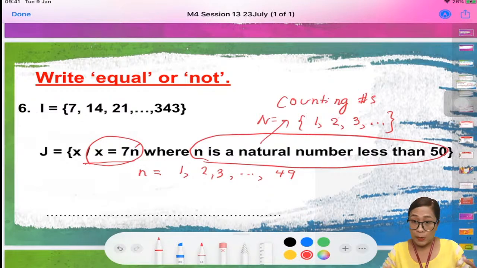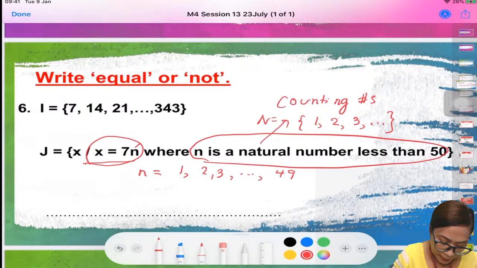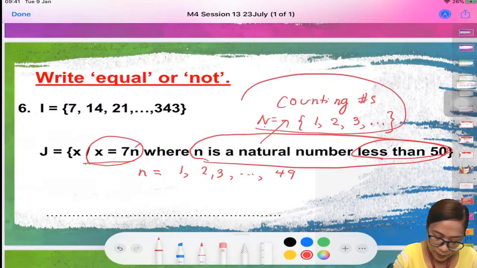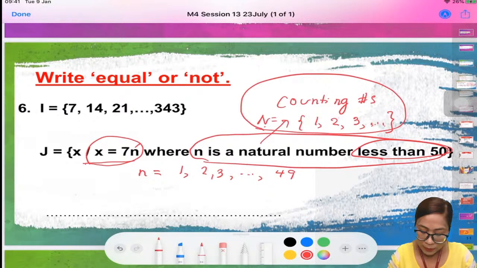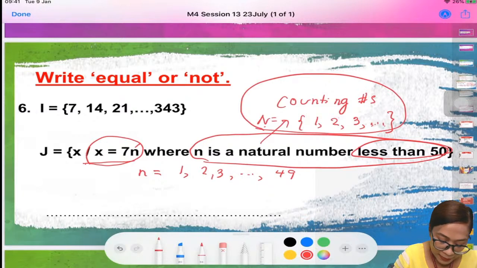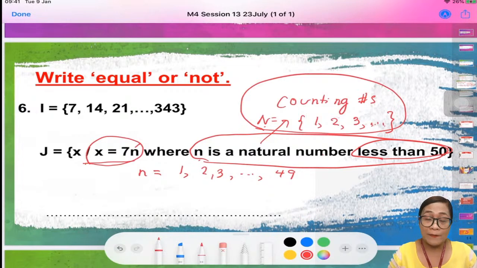So n is any natural number less than 50. This is only the one that I had a while ago, the set of counting numbers, so it's ellipsis, we don't know what's the last one. But in this case, n is a natural number, it should be less than 50. So n is 1, 2, 3 until 49 only.